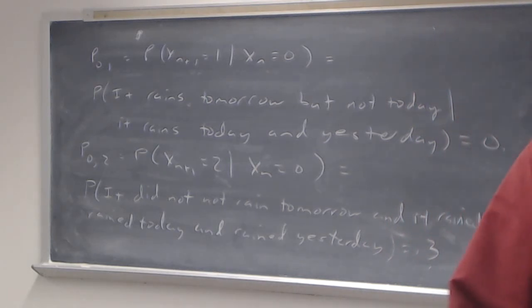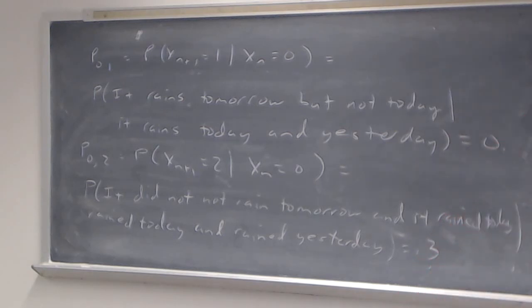What I'm going to end today with is just here's what the one-step transition probability matrix would be.